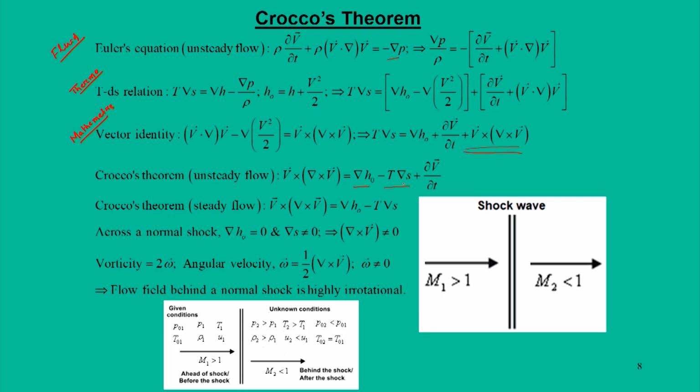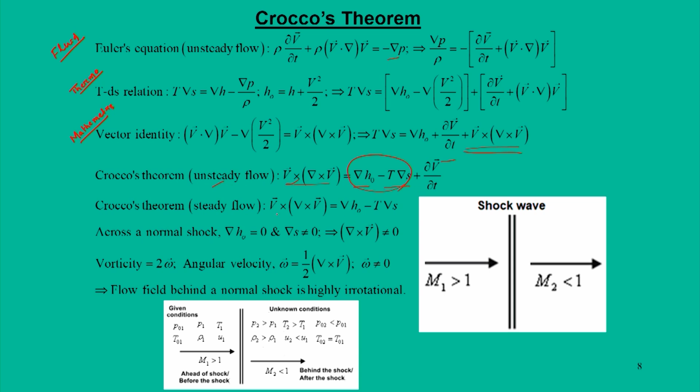So, these two are thermodynamic parameters, and these two terms, dou V vector by dou t and this cross product term, are fluid mechanics parameters. This relation holds good for all types of flow field. It is true for unsteady flow, and for steady flow this term vanishes.